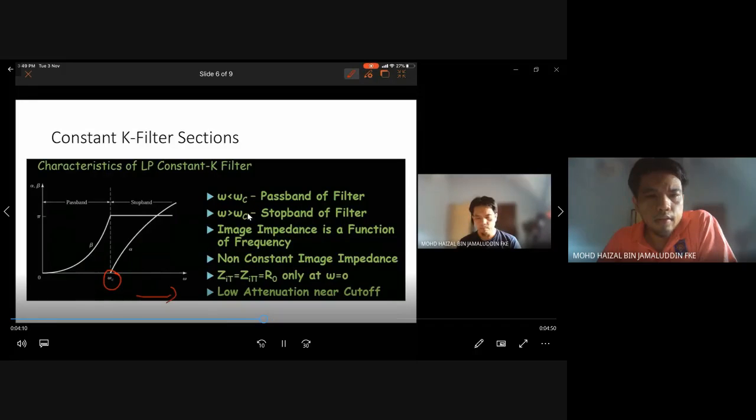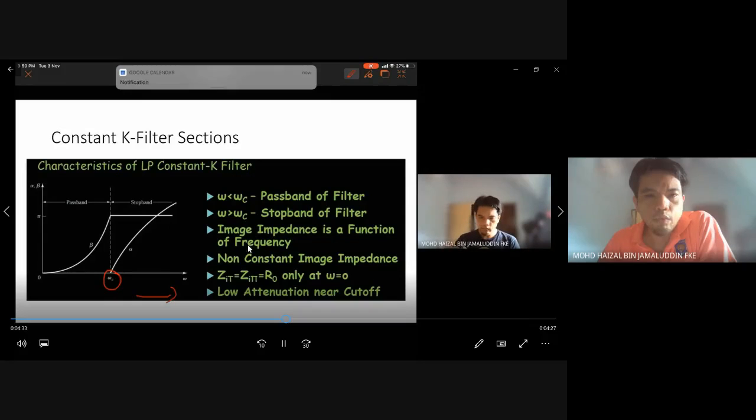If omega is below omega C, it will allow the pass band. If omega is more than omega C, it will stop the signal. In the K filter section, the image impedance is a function of frequency.